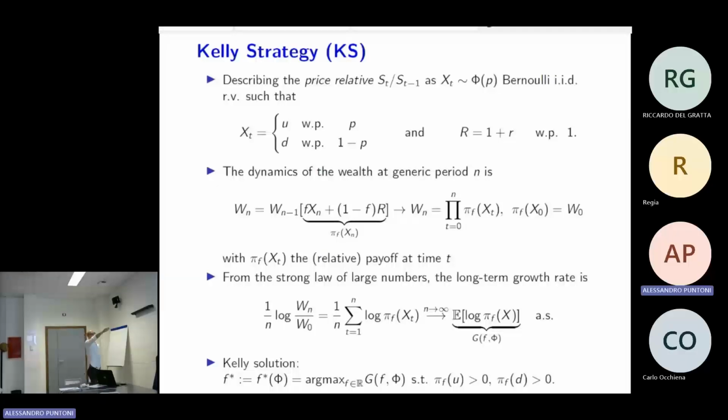We can write the dynamics of the wealth in a multiplicative form: the wealth at time n is given by the previous wealth times the fraction f invested in the stock, described by the Bernoulli variable, plus 1 minus f times R, that is 1 plus the interest rate. We call this Pi, the relative payoff, because we write it in a multiplicative form. Using the law of large numbers, we see that the exponential rate of growth of the investment converges almost surely to the expectation of the logarithm of this payoff.